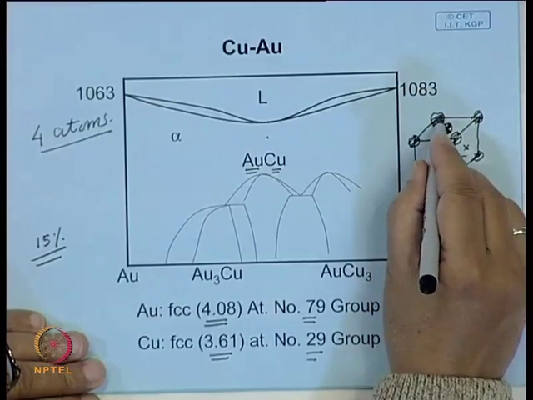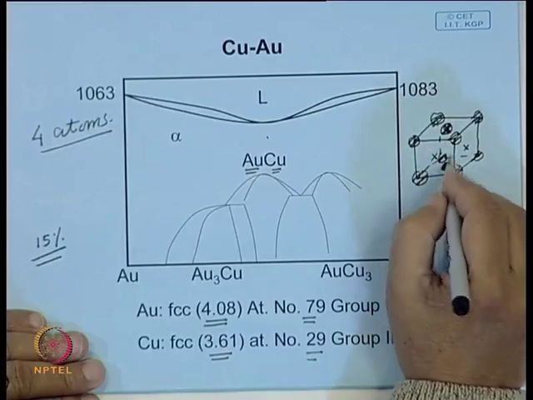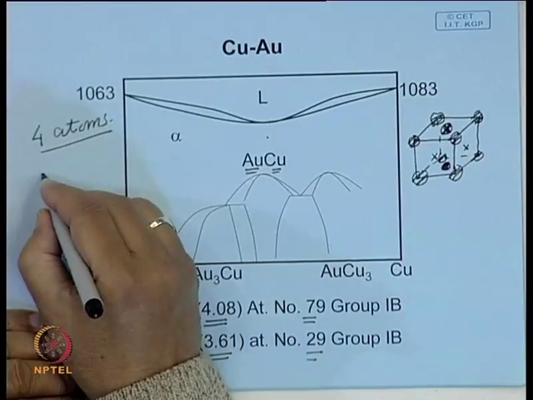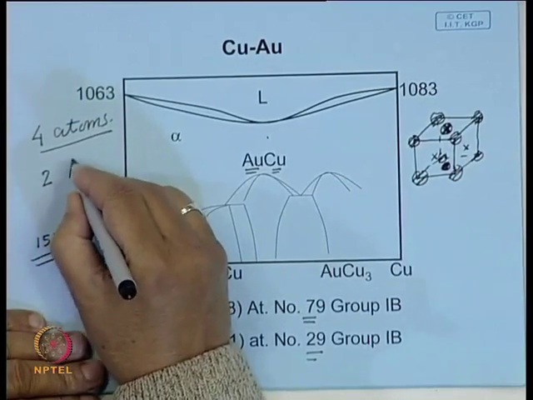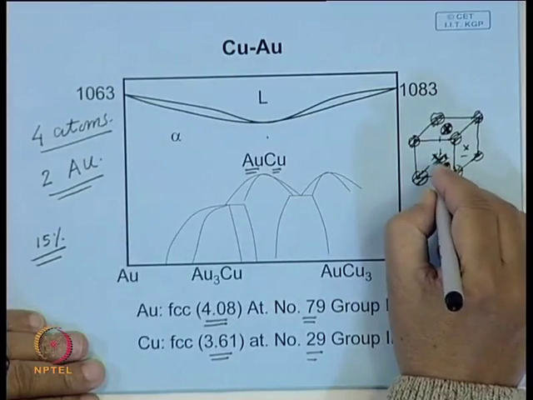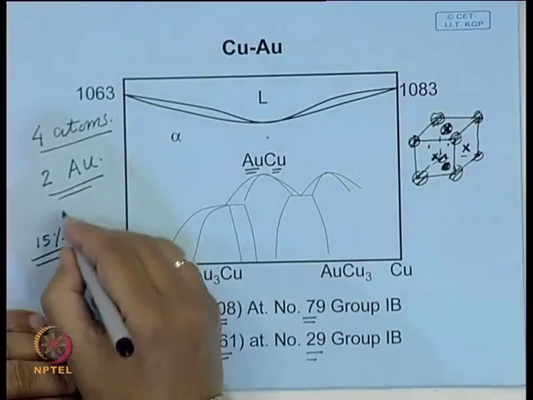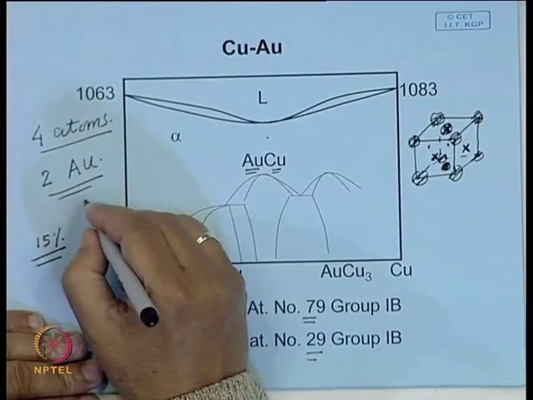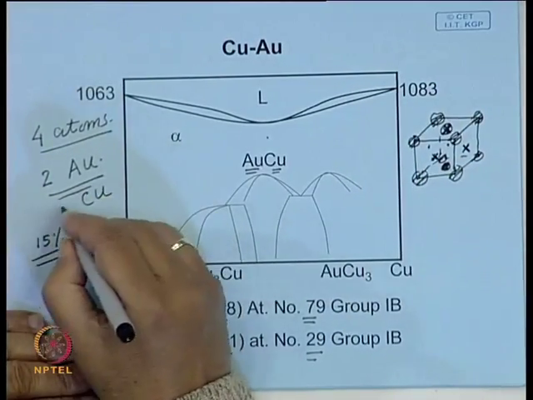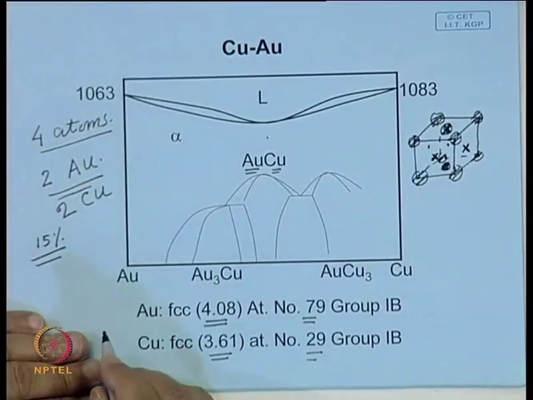So, if you count, there is one corner atom and one face center atom, so therefore 2 atoms, let us say, is gold, and let us say the face centered sites, that 4 face centered atoms, is the second atom copper. So, this also is 2. So, they are in this ratio.